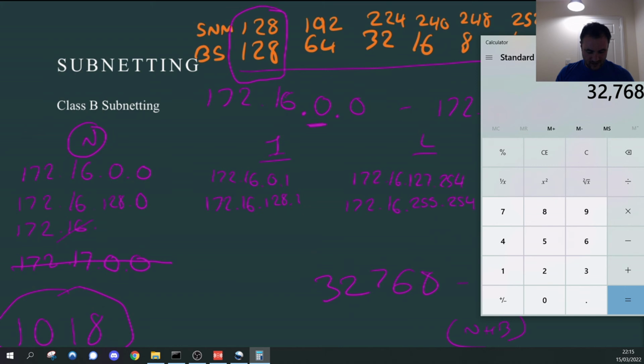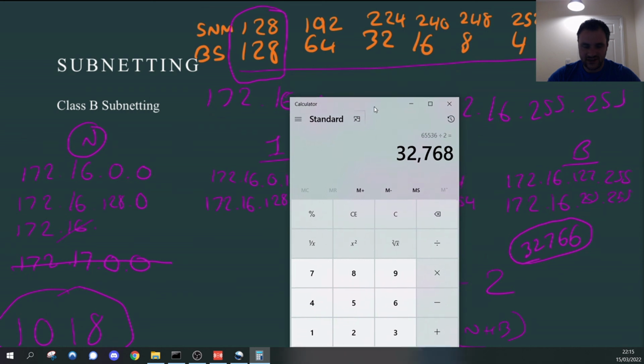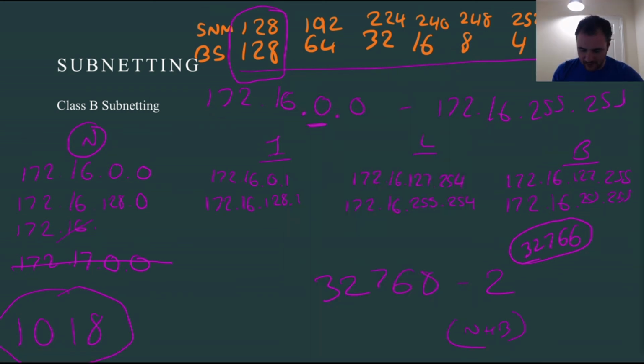So if we require 1018, I've got direction on this. Just to explain a little bit more, we have a secondary bullet point here, the yellow one, and now what we're saying is if I have 1, 2, 3, 4, 5, 6, 7, 8 turned on, that would be a /24. But if I come back one, make this a 0, I have 256 hosts here, 256 times by 2, because that's the number of networks we have.